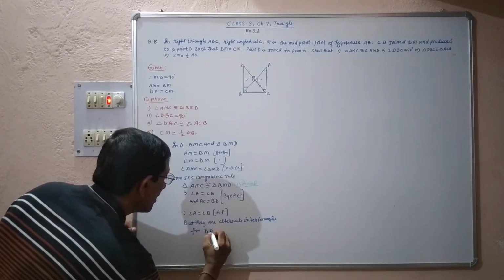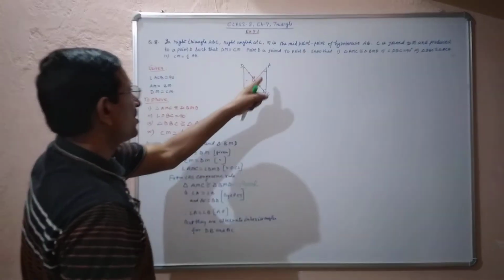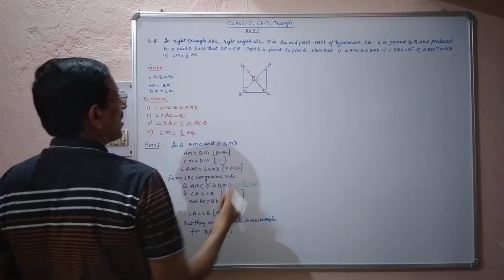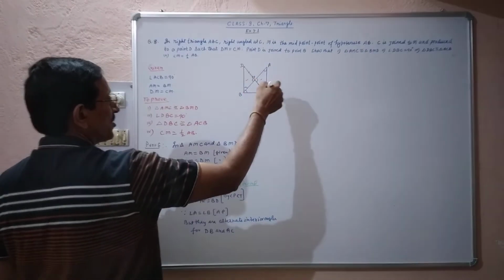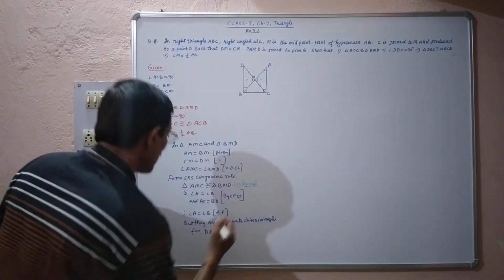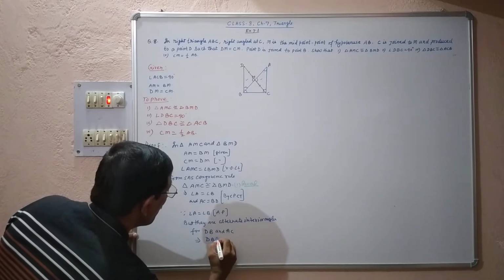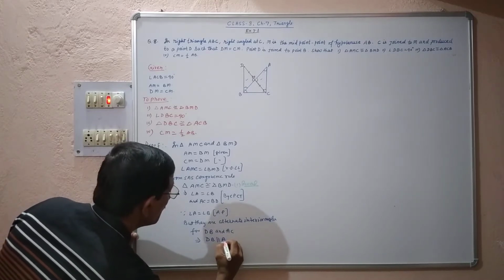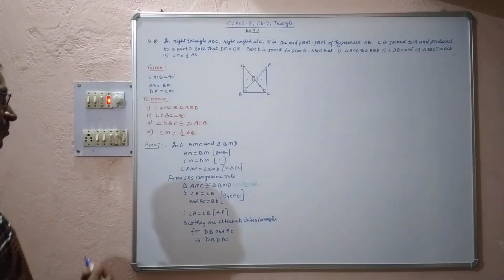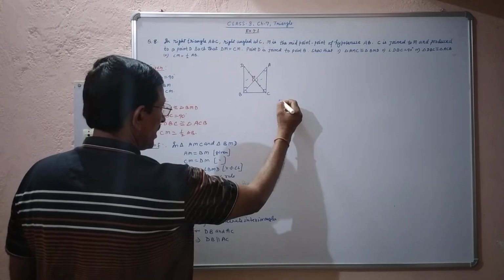So when alternate interior angles are equal, then the lines are parallel. That means this implies DB parallel to AC. And now we see the next part.